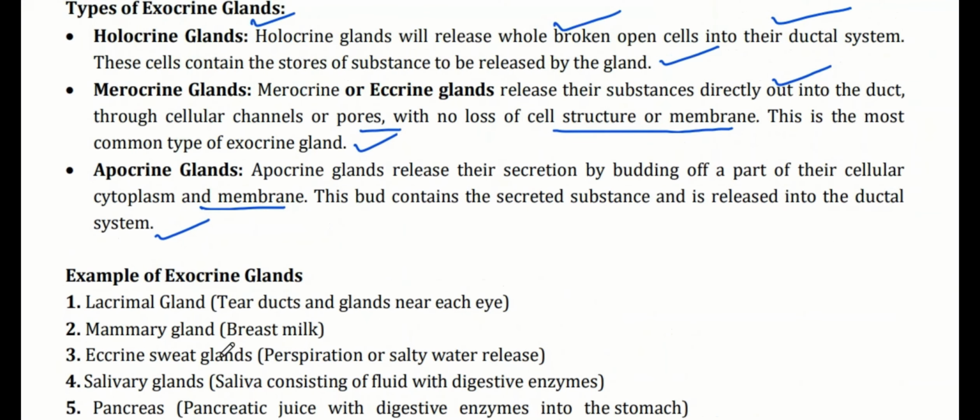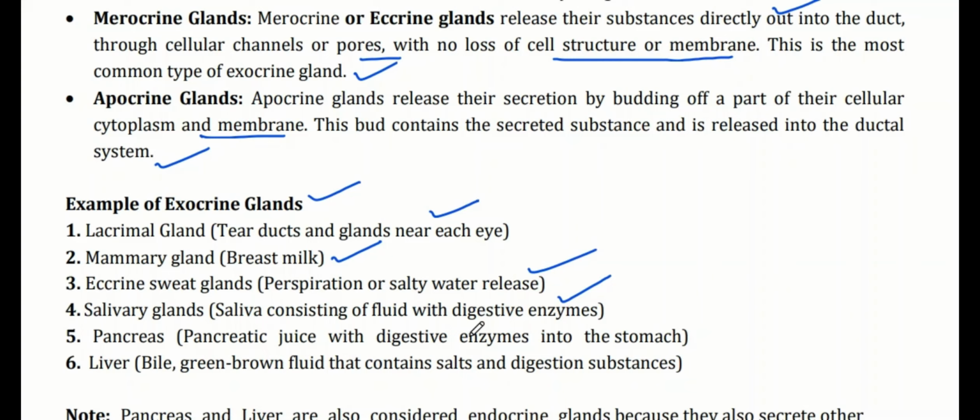Here on your screen you can see examples of exocrine glands: lacrimal gland, tear ducts and glands near each eye; mammary glands, breast milk; eccrine sweat glands, perspiration or salty water release; salivary glands, saliva consisting of fluid with digestive enzymes; pancreas, pancreatic juice with digestive enzymes into the stomach; liver, bile, a green-brown fluid that contains salt and digestion substance.